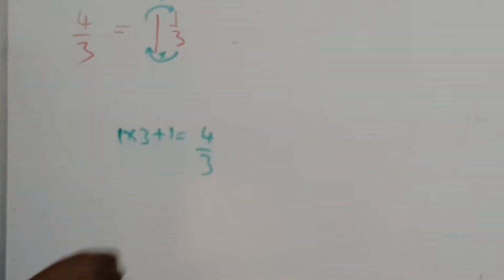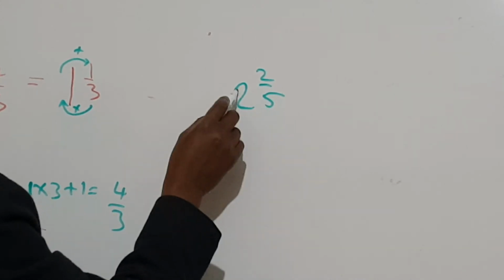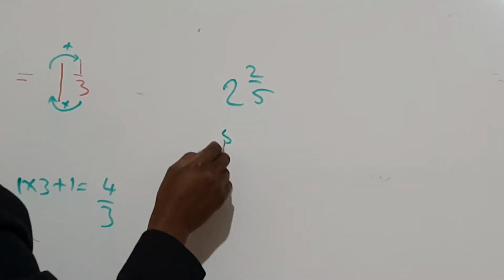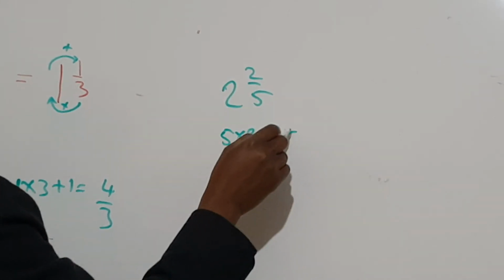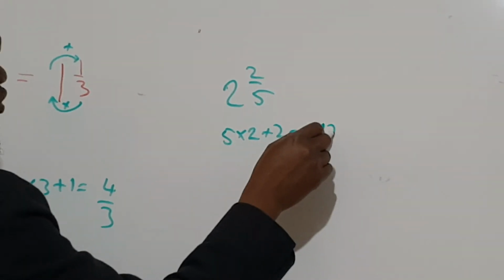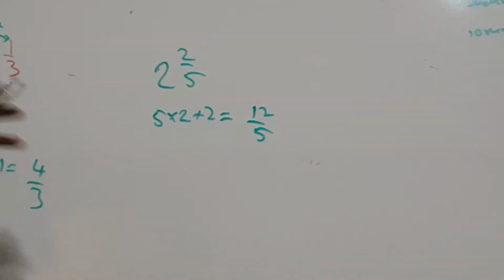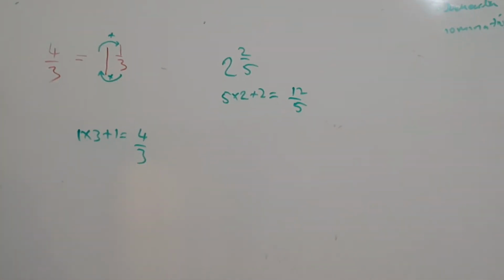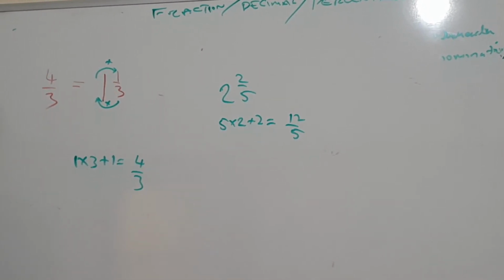Or let's say 2 and 2 over 5: you say 5 times 2, then plus the 2 on top, which is 12 over 5. So this is how to convert mixed to improper fractions. These are easy things, we don't need to go over them.